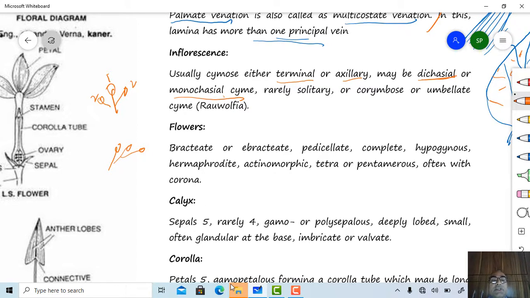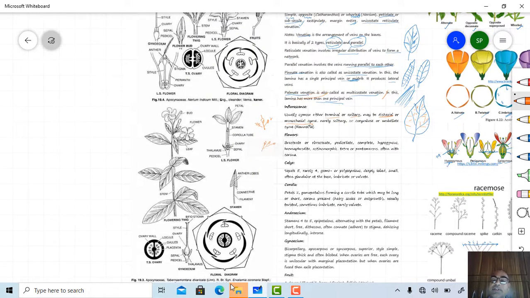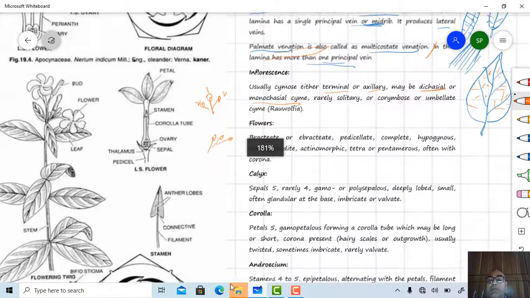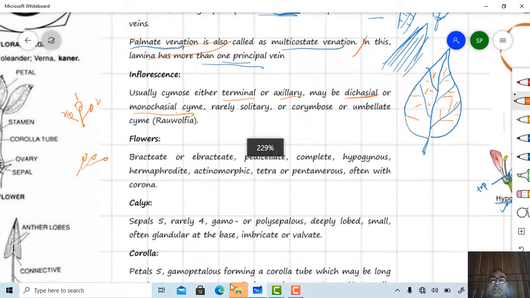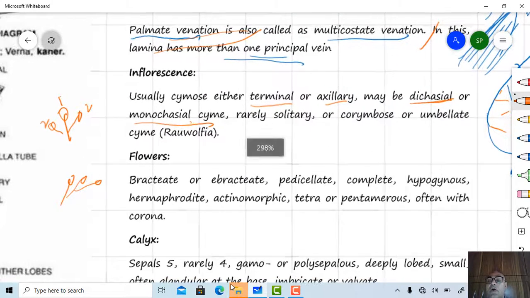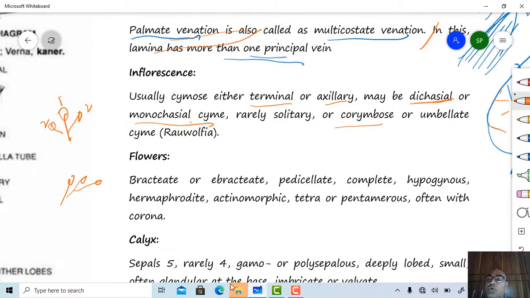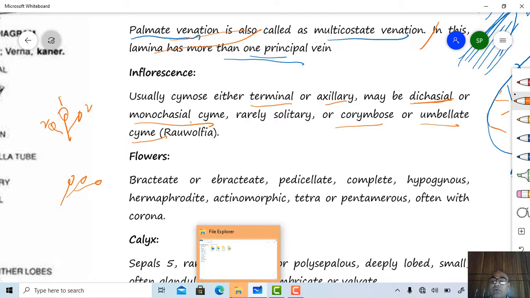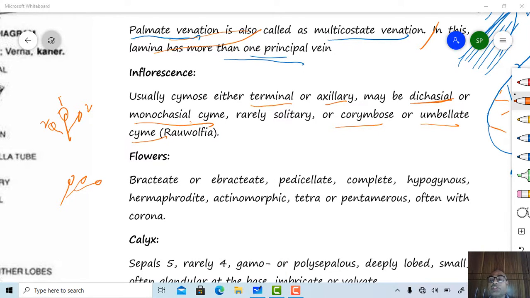This one is a monochasial, either scorpioid or helicoid, rarely solitary. A single flower representing the inflorescence is called a solitary type of inflorescence, or maybe corymbose or umbellate. Okay, corymb type of inflorescence, or maybe the umbel type of inflorescence present in cyme case.